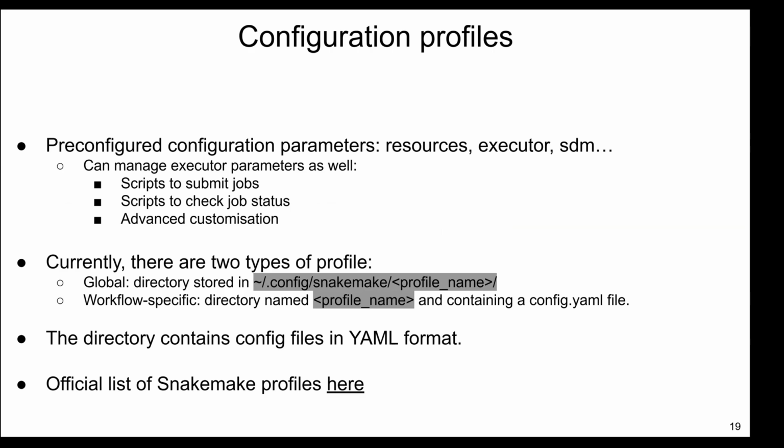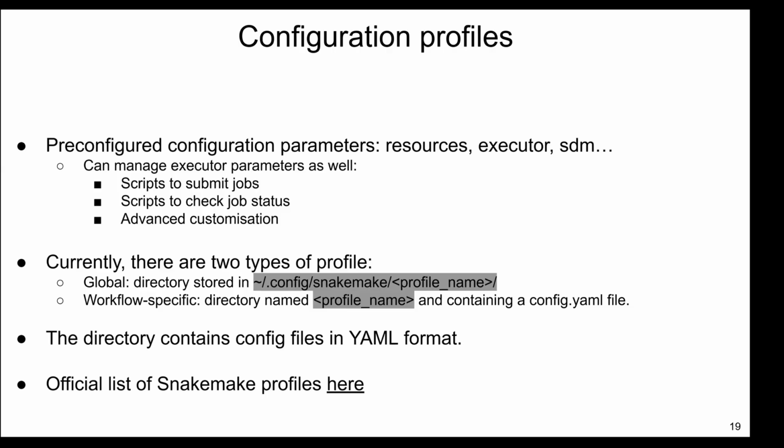You can also add some execution parameters. How do you want to submit jobs? How do you want to check the job status? How do you want to cancel jobs? Things like this. And so you can do all these things within a configuration profile.